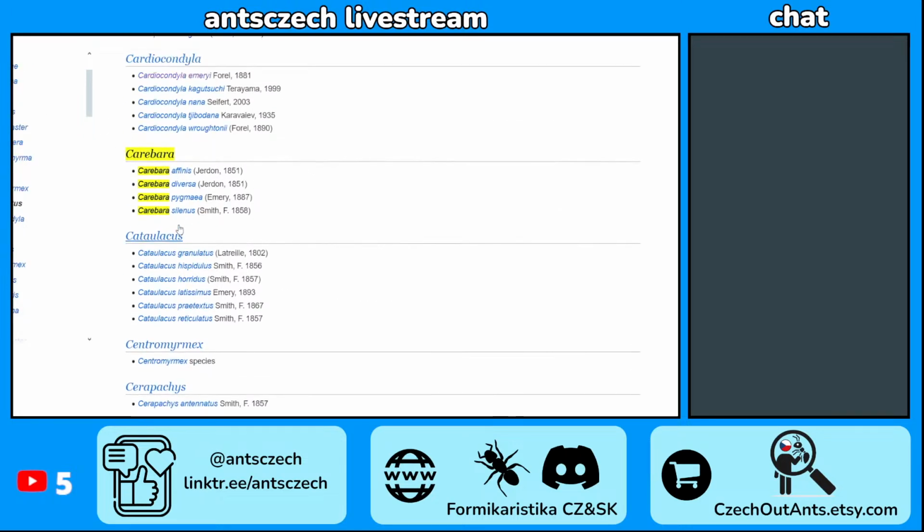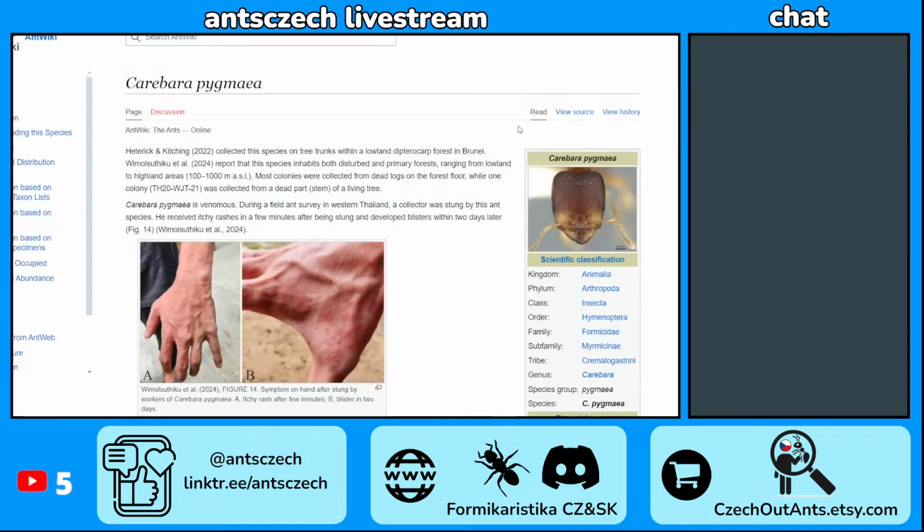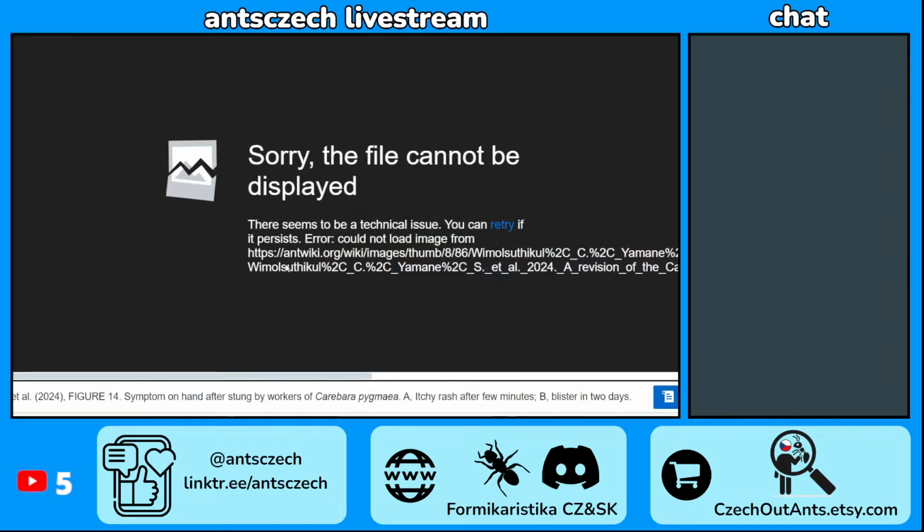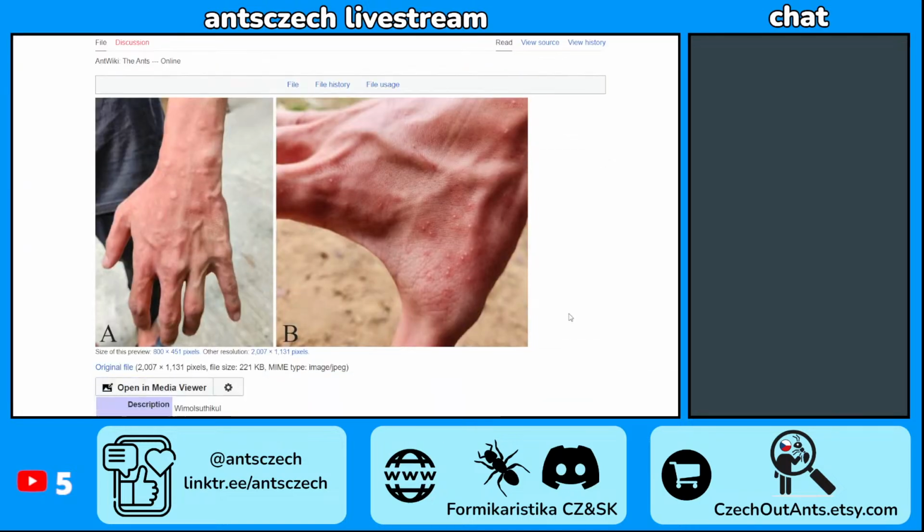They also have only 4 species here on AntsCzech. Yeah, I normally just go to bioregions. Ooh. No, that really doesn't look good. It looks like something from Solenopsis, from fire ants. Yeah, it's really crazy.